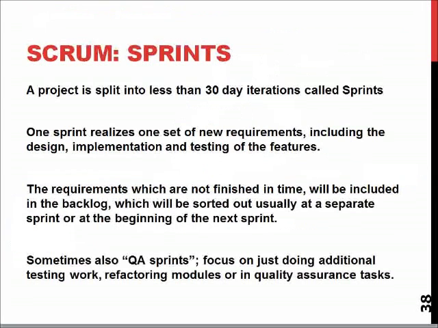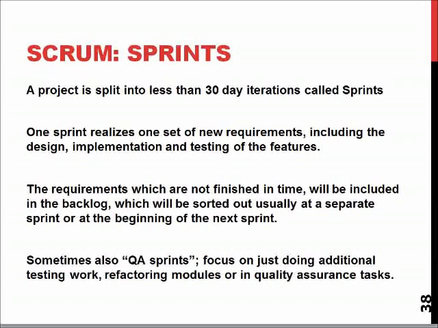So going into a couple of things here. Yes, the project is split into less than 30-day iterations called sprints. It means that you should have 30 days to get one major feature or one activity done into your work.